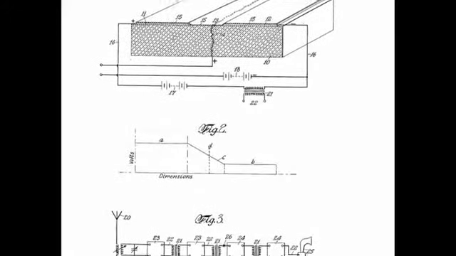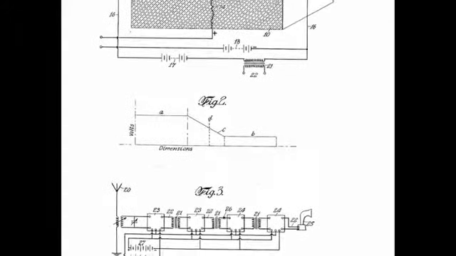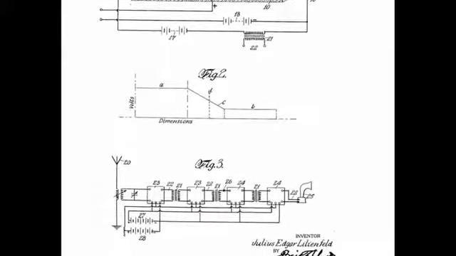Most of the research that went into developing the transistor was actually done in search of a successor to the vacuum tube. But the actual invention of the transistor isn't quite so clear-cut. In 1926, Julius Edgar Lilienfeld filed a patent for something he called a method and apparatus for controlling electric currents.